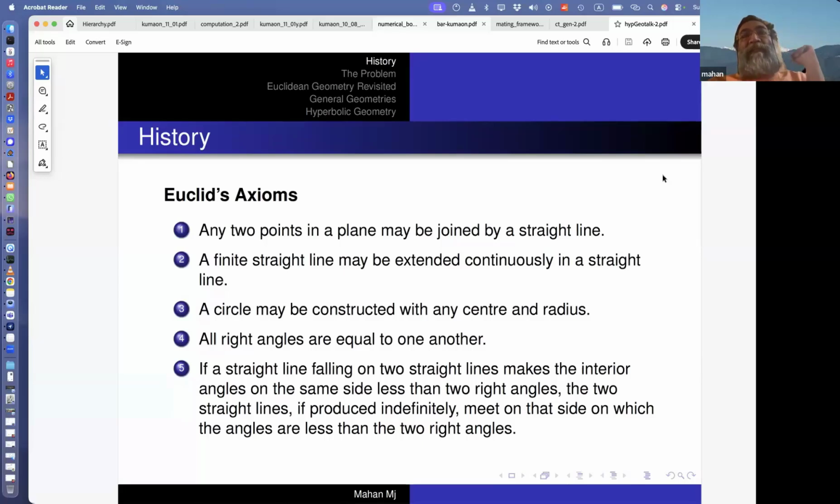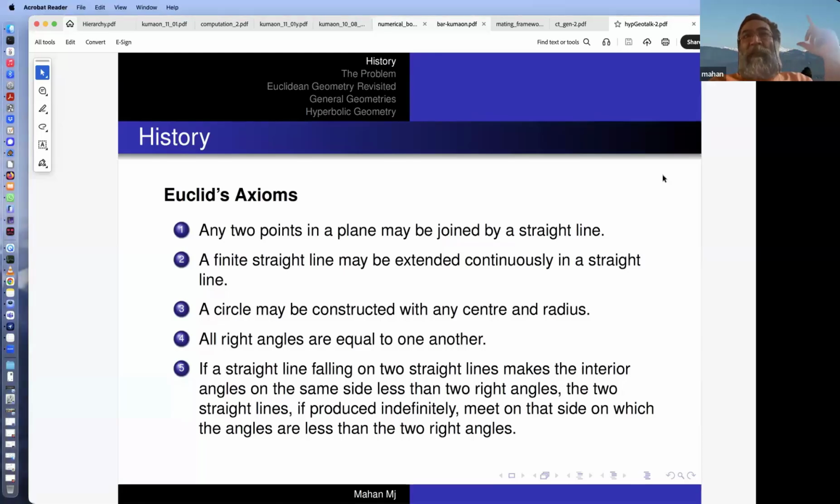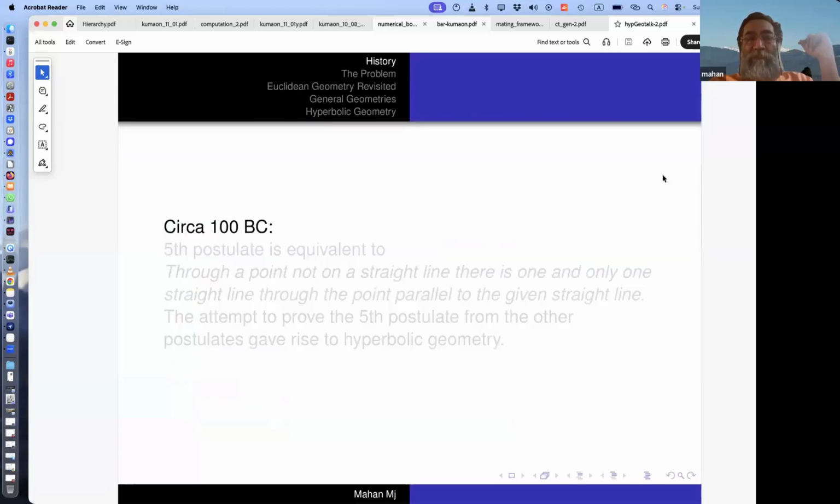This particular axiom turns out to be equivalent to what came to be called the parallel postulate. It's also equivalent to the statement that the sum of the angles of a Euclidean triangle is 180 degrees.